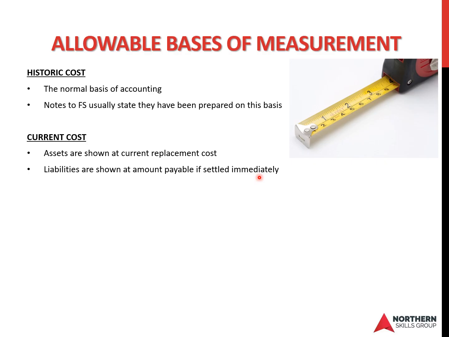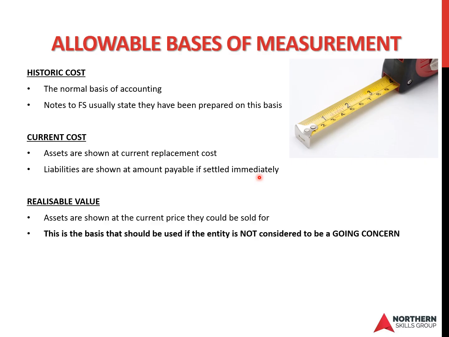So that's current cost, replacement cost. Realizable value is where assets are shown at what they could be sold for in the open market as a single item of inventory and so on.